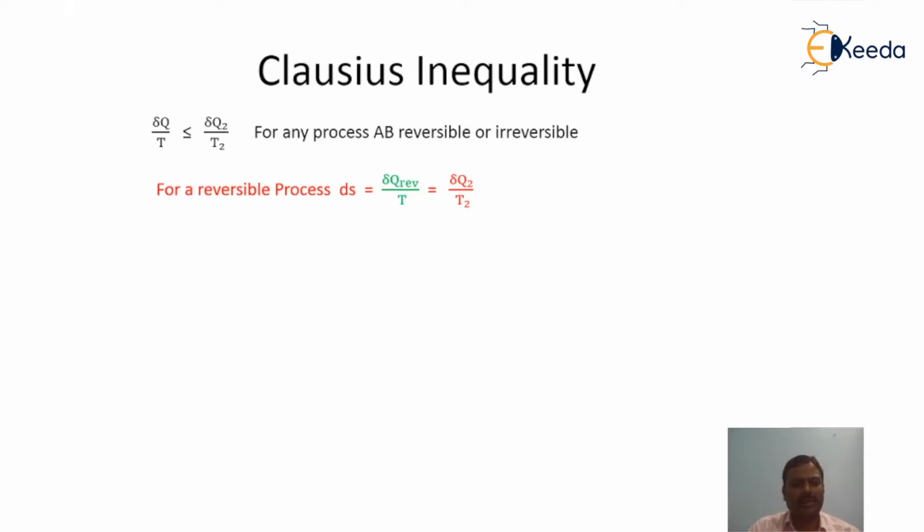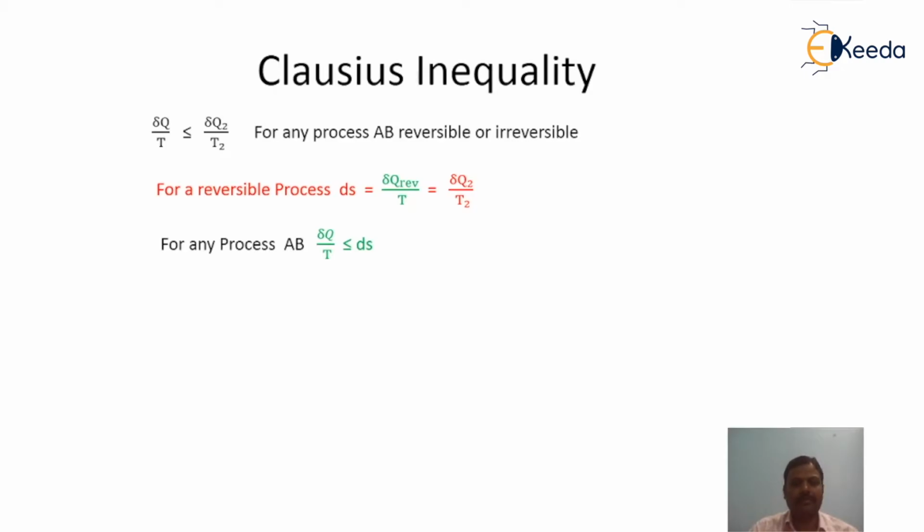For a reversible process, differential entropy change ds is equal to delta Q reversible divided by T, that is equal to delta Q2 divided by T2. So this is for a reversible process. For any process AB, this delta Q divided by T is less than or equal to ds.